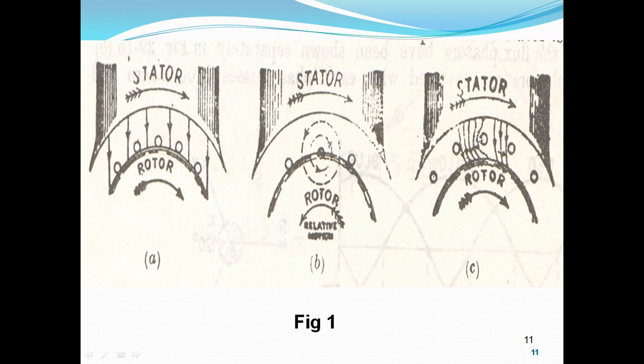Then what happened? The property of flux is that it always flows in a vertical direction.